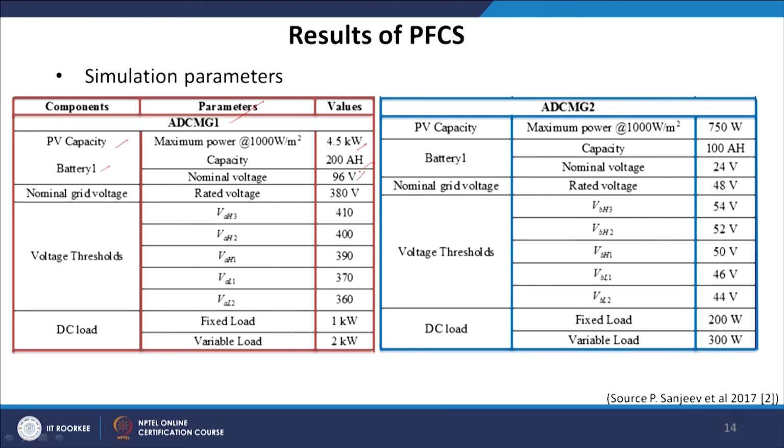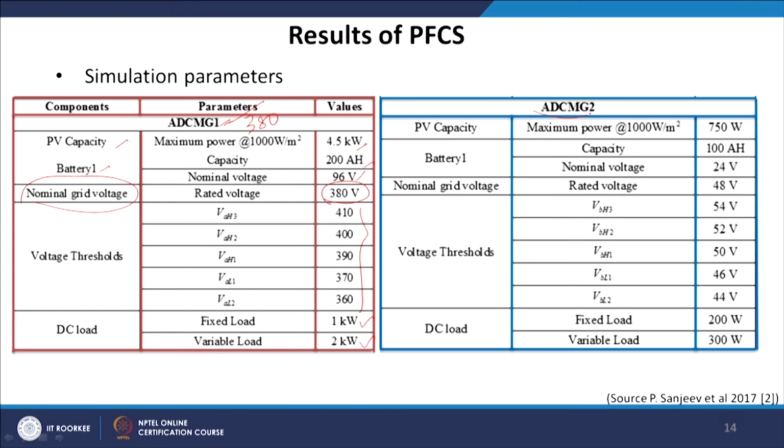Very importantly, the nominal grid voltage is considered to be 380 volts for my DC microgrid 1, and voltage thresholds have been assumed. The fixed load is 1 kilowatt, which cannot be varied, and we have a variable load of 2 kilowatt. So, 1 kilowatt of fixed load and 2 kilowatt of variable load.